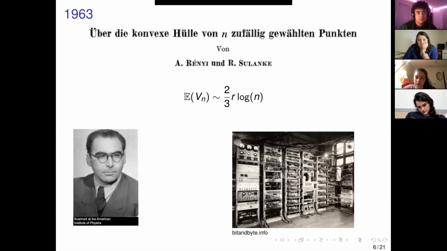That's going to tell you that if you want to do this in a circle, then the number of vertices grows faster than log n. That's all it's going to tell you. You cannot possibly use this to get a limit like that, because if R goes to infinity, then the expected value of V_n is infinity, but that's obviously not true because you only have finitely many points, so you can have at most n points.